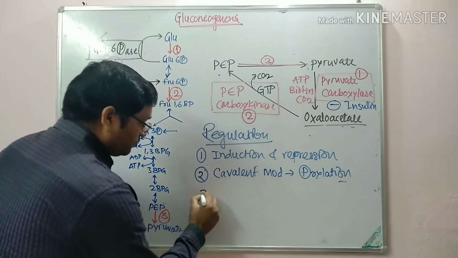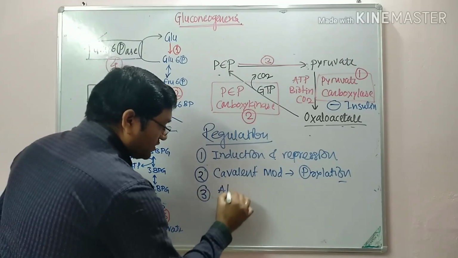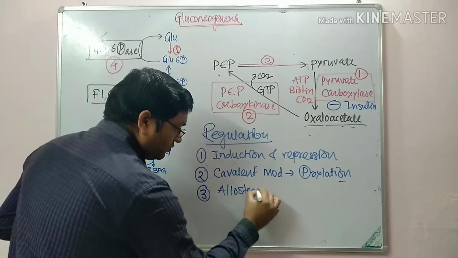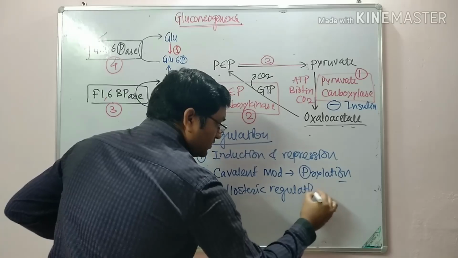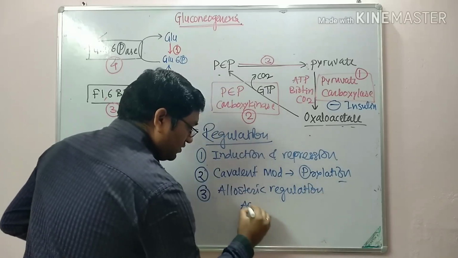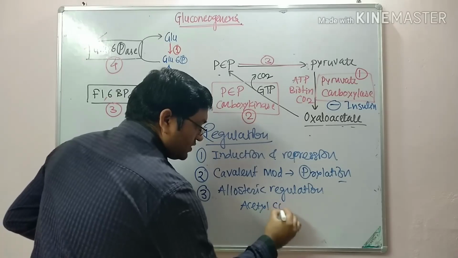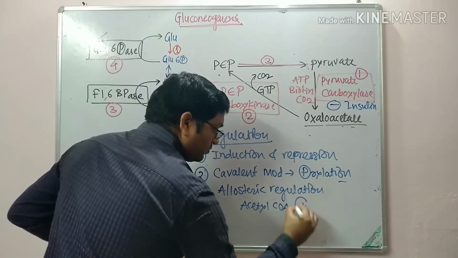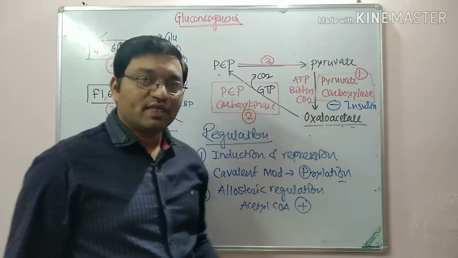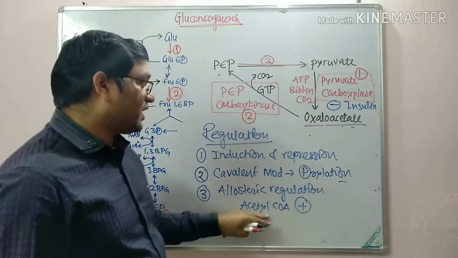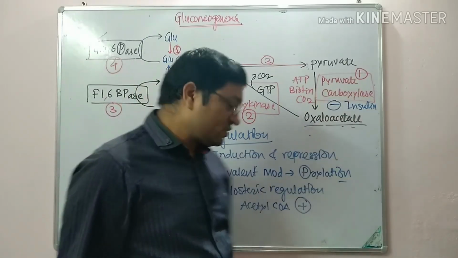And third, it is allosteric regulation. The 2 important ones: acetyl coenzyme A is an allosteric activator of pyruvate carboxylase.